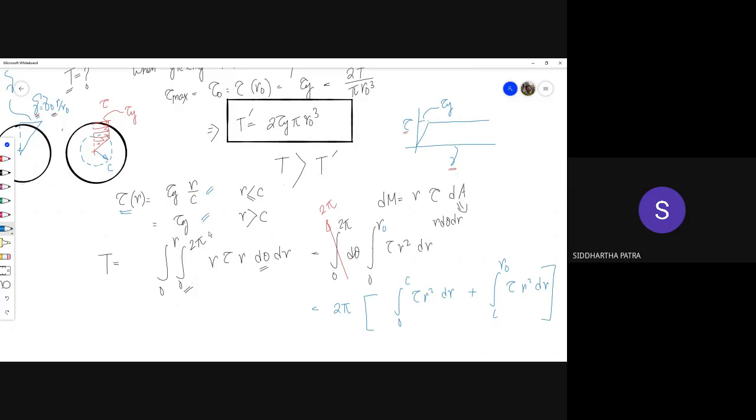Substitute these expressions and get the expression for this T over here. So determine the moment required to produce an elastic core of size c.